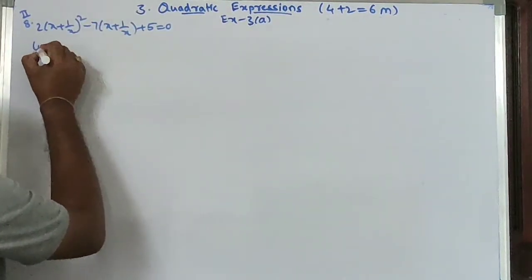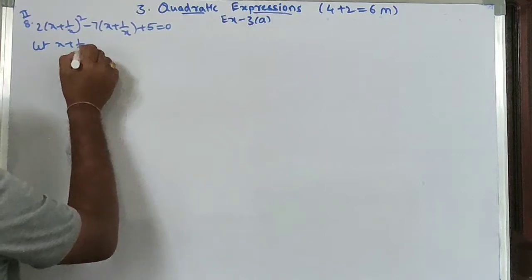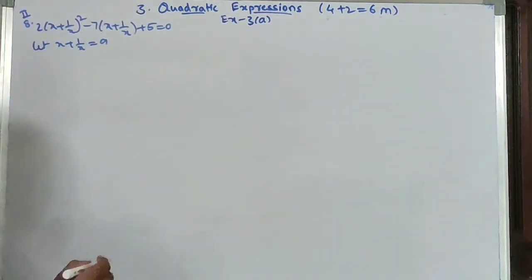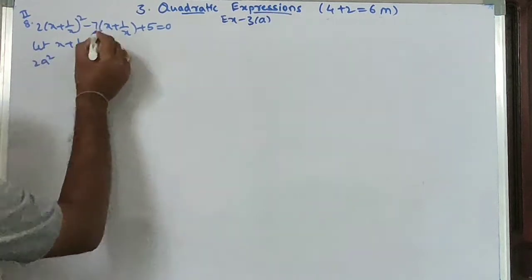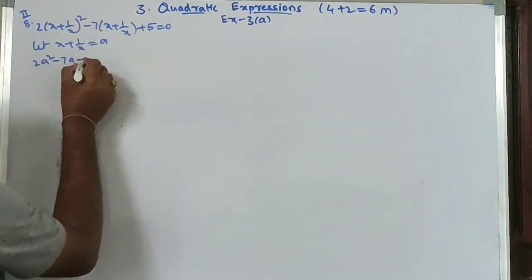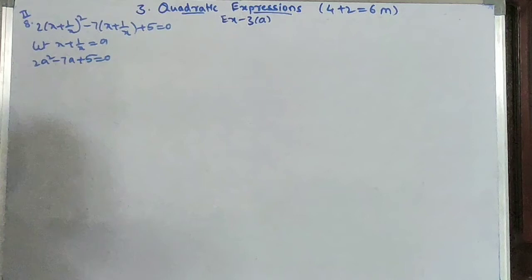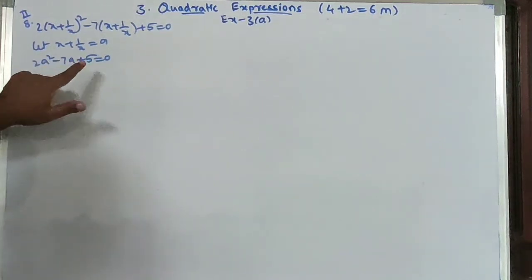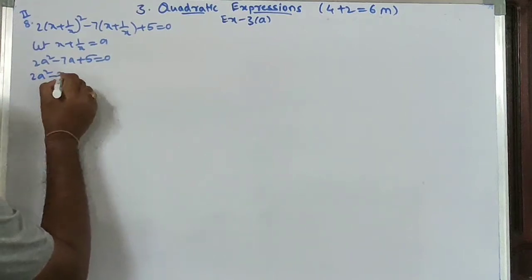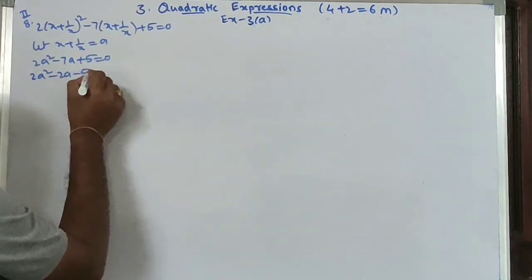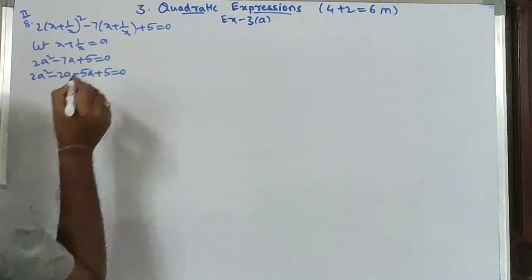Let x plus 1 by x equal to a. Then we get 2a square minus 7a plus 5 equal to 0. 2 into 5, 10, 2 plus 5, 7. 2a square minus 2a minus 5a plus 5 equal to 0.